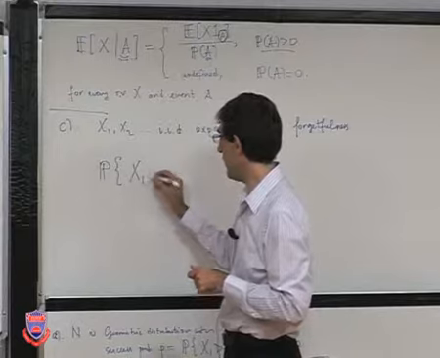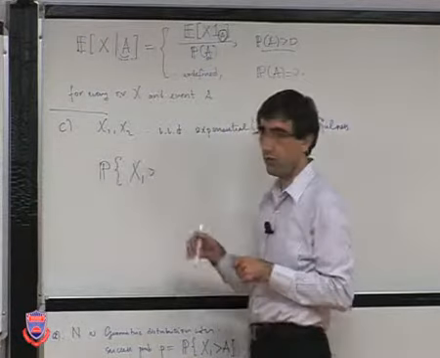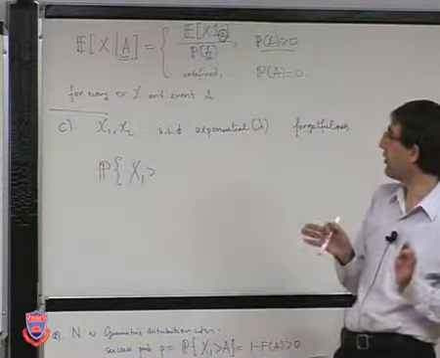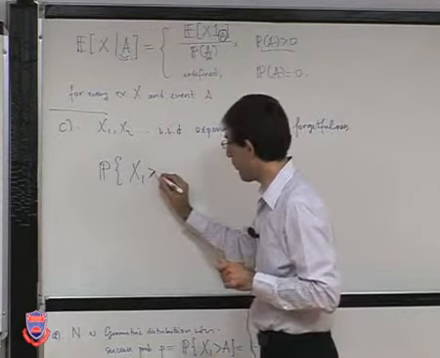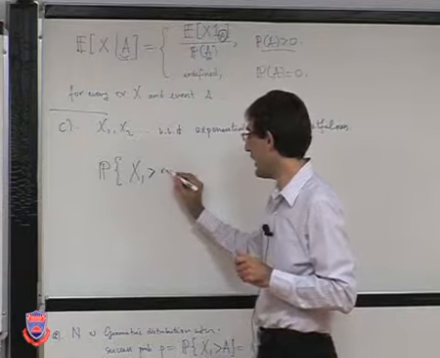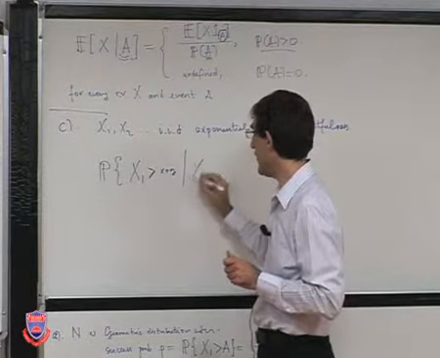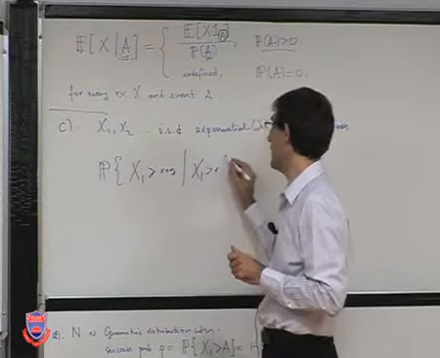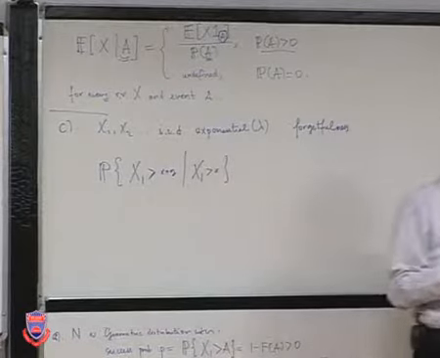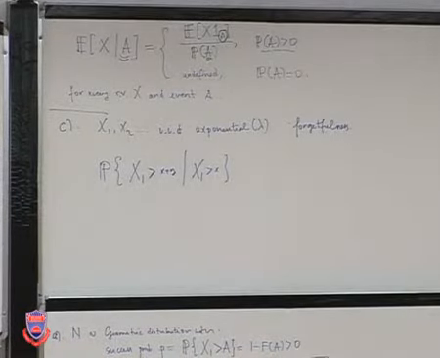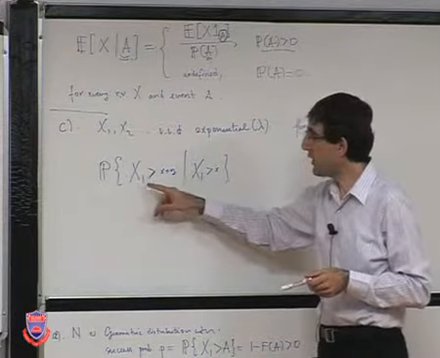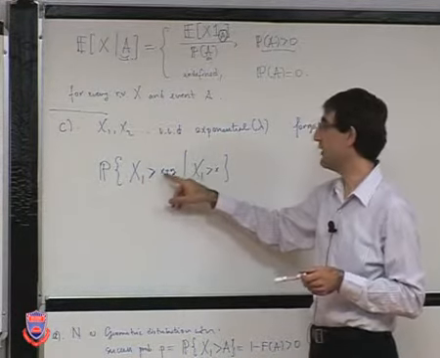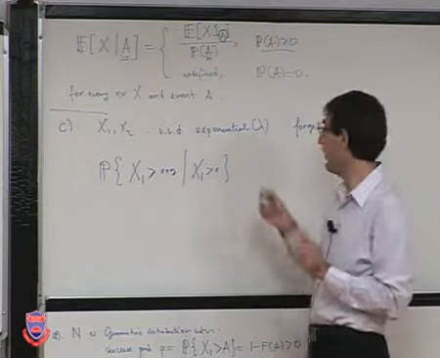Well, the way we define it is like this. Take the first one. It is true for the second one because they are identically distributed. The conditional probability that x1 is greater than x plus y, given that x1 is already greater than x. You tell a guy that you are x centimeters high, and then you ask, what is the likelihood that he is even higher than that?